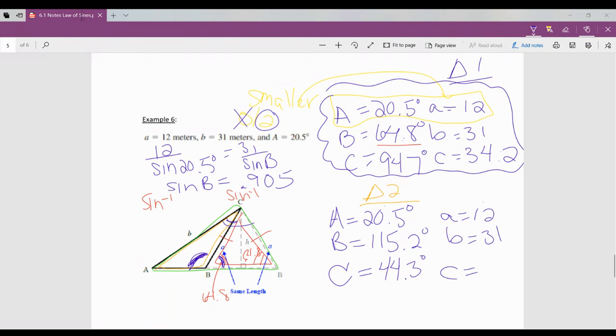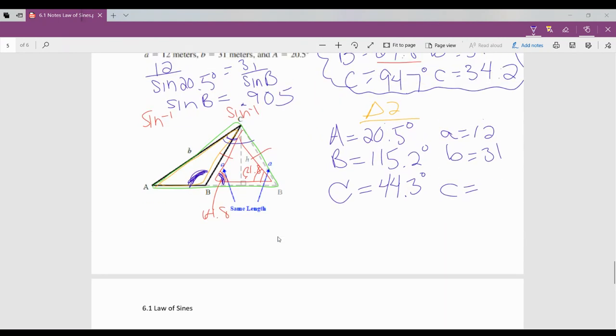All right, and now I can find what the last measurement is for C by doing the law of sines. So I'm going to start out with my given one again, 12 over sine of 20.5 equals little c over sine of 44.3 degrees.